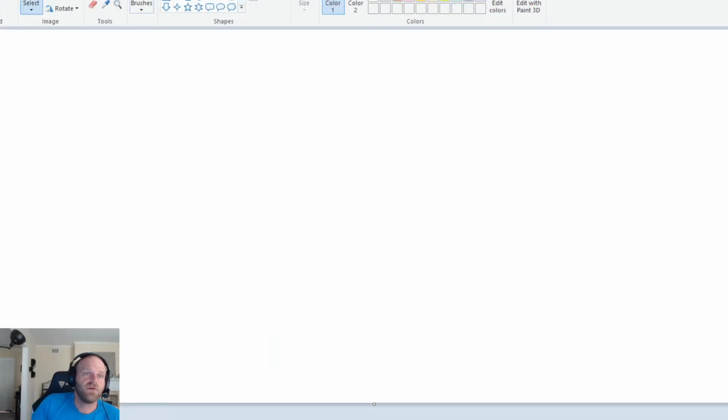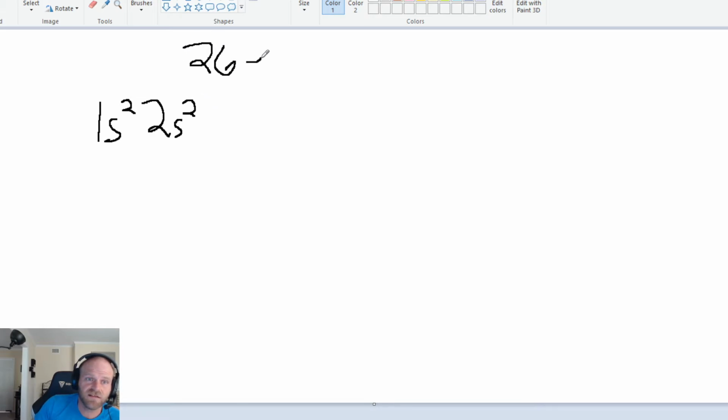So, as I say, I've done this a lot. I just kind of know where to go, but I will mention something when I get there. So I'm just going to keep filling out electron blocks until I get to 26, right? I had to get 26 electrons.